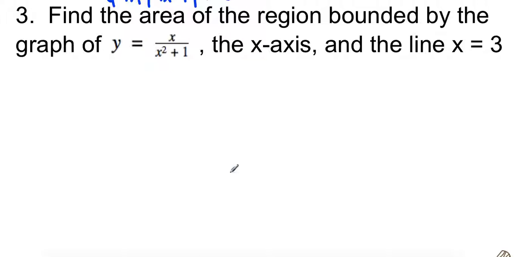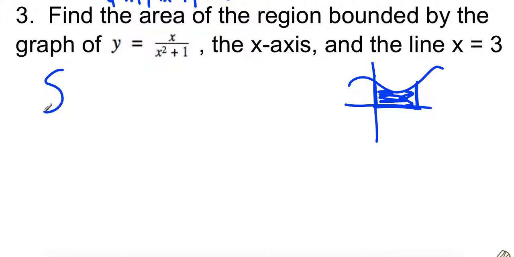Okay, so I have no idea what this function looks like, but we've got some sort of function, and we want to find the area bounded by the region formed by the x-axis, the line x equals 3, and here. So this is what we're looking for, this area, whatever the function looks like. So to do that, we are going from 0 to 3, finding the area under the curve, dx.